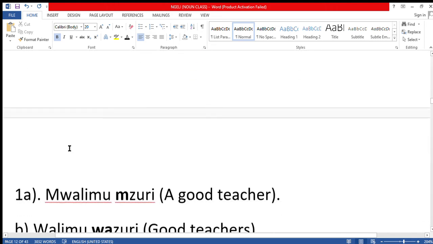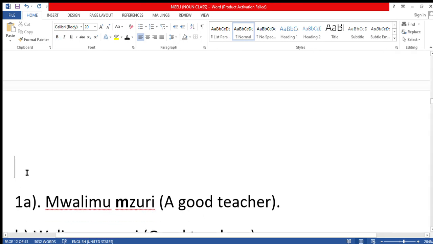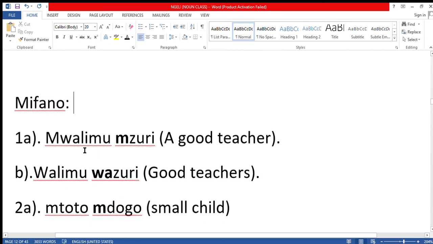Mifano. Mifano is examples. When it's just one, we say mfano, an example, and when there are many, we say mifano, examples. Okay. Mwalimu mzuri is a good teacher.